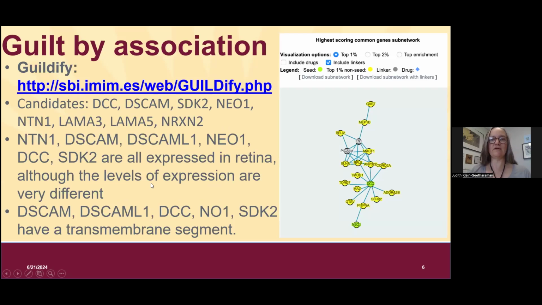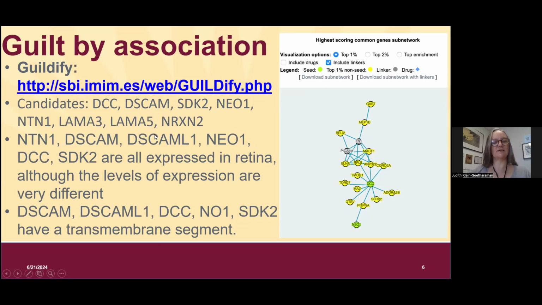And so what we have done is use the so-called guilt by association principle. So there's a software called GUILDify, which allows you to statistically compare different protein-protein interaction networks with respect to the similarity of those networks compared to each other. And that's what we have done by utilizing proteins that are involved in the Usherin protein interaction network.